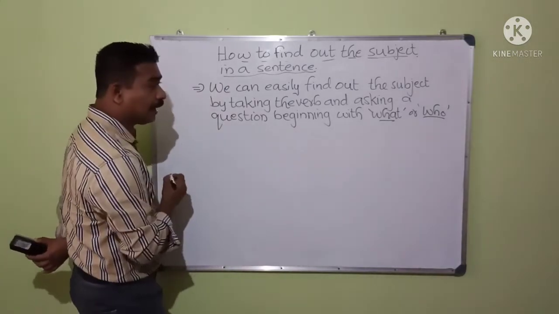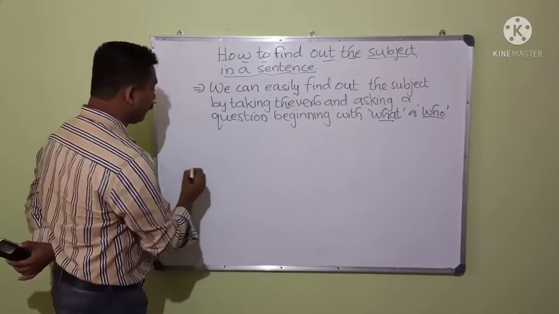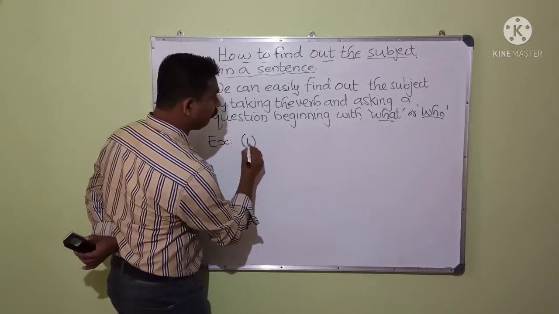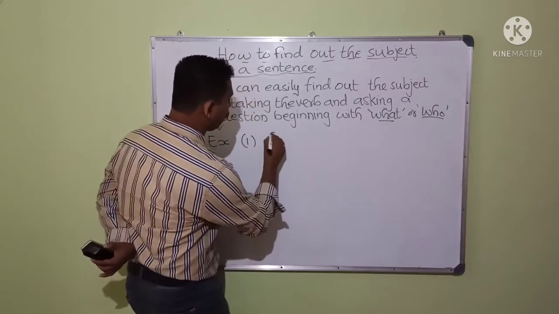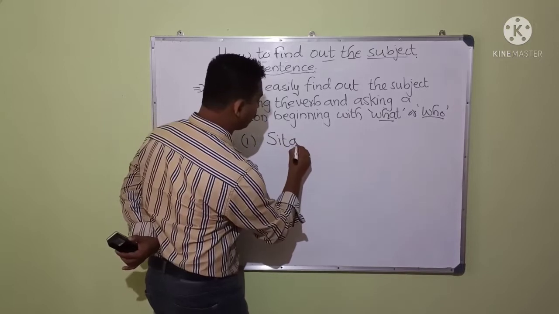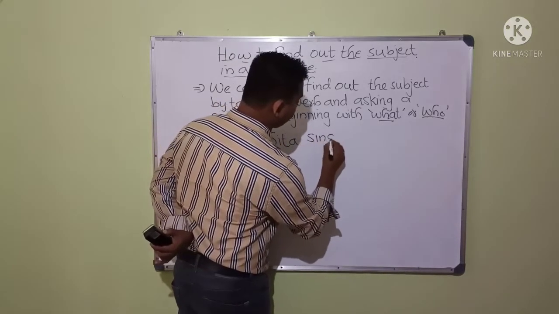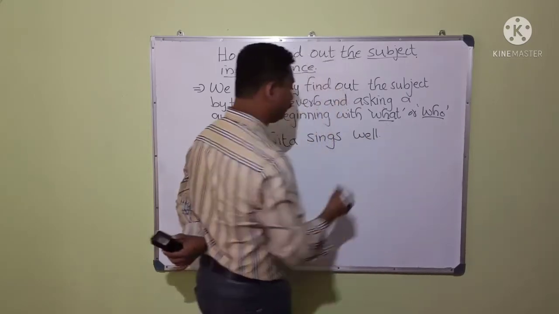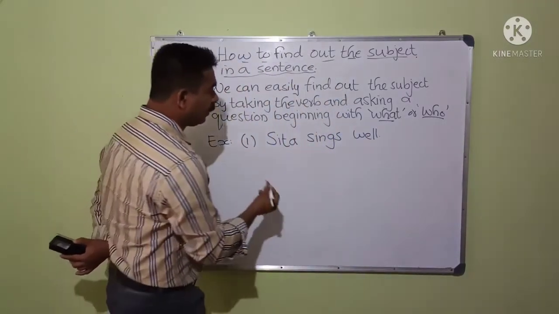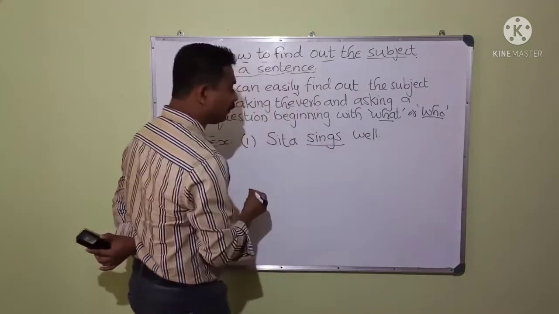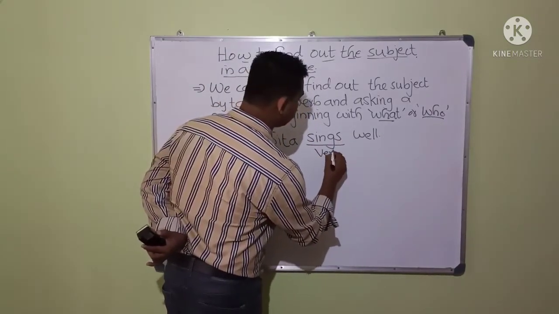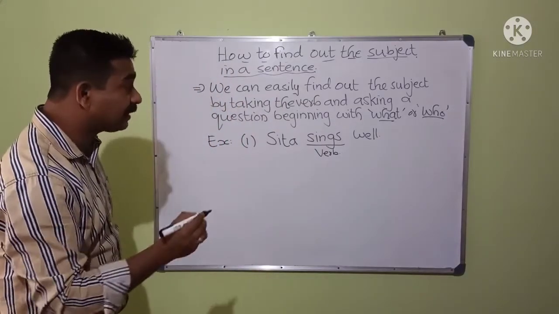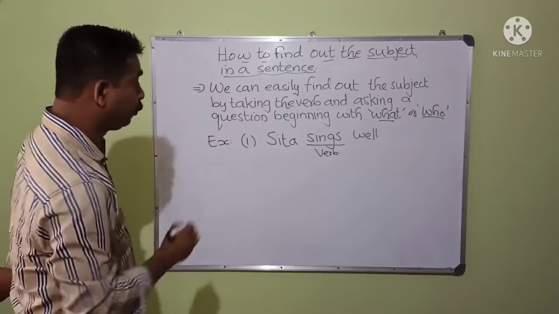Here we have an example. Example number 1. Sita sings well. Sings is the verb here. So I ask the question who to the sentence.